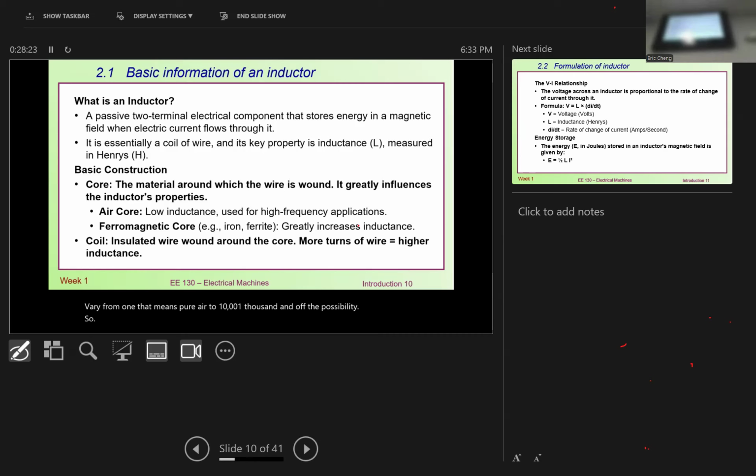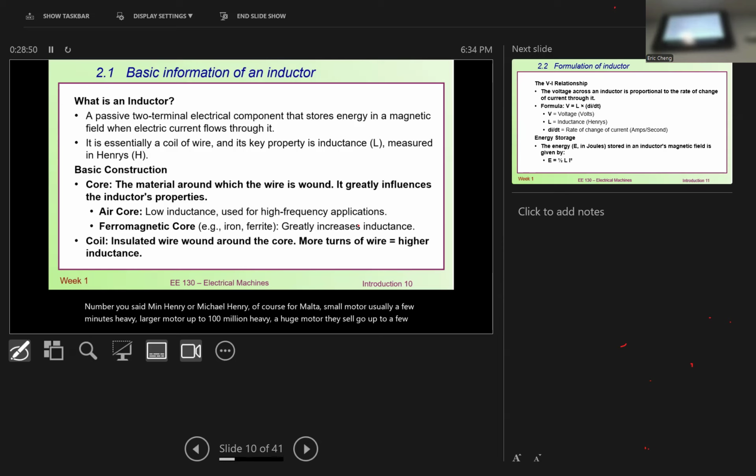The inductance is usually measured in units of Henry. The Henry is a relatively large number. For many inductors, we don't use Henry, usually millihenry or microhenry. For motors, a small motor is usually a few millihenry, a larger motor up to 100 millihenry, and a huge motor can go up to a few Henry.